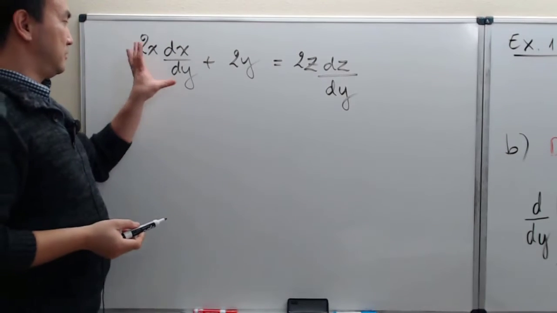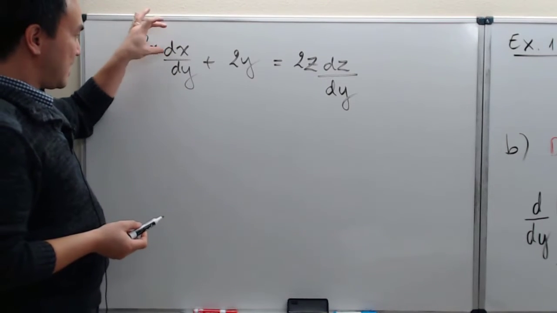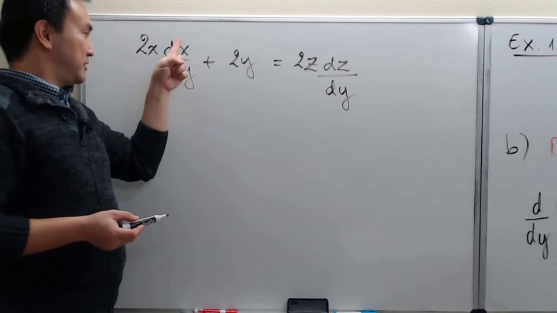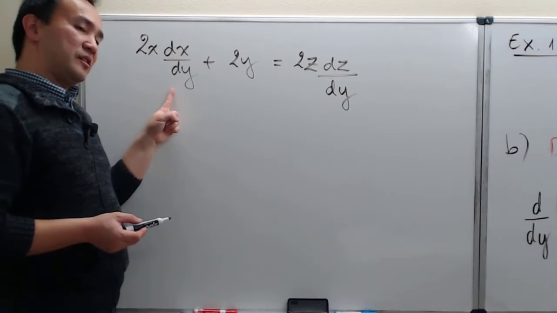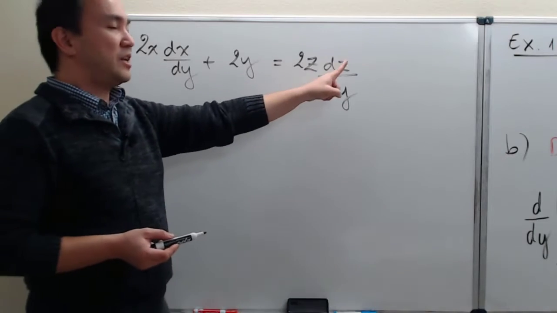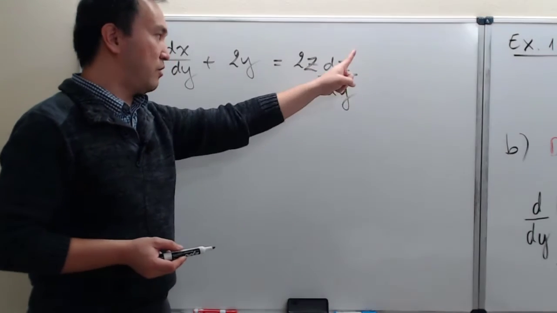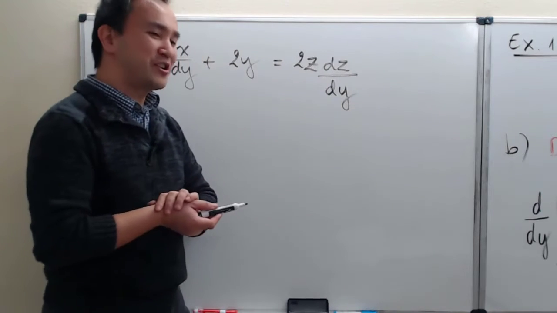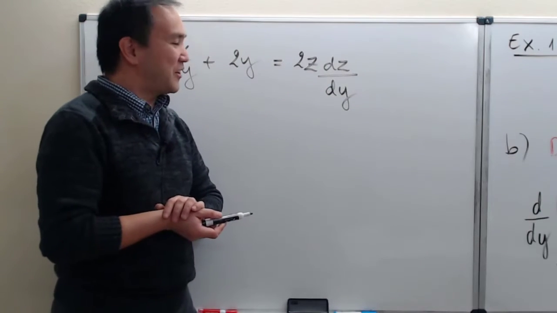But now dx dy is a derivative, a rate showing the change of x over the change in y. And dz dy is another rate showing how z changes over the change in y. I keep saying t. It's probably just a tradition of using t for the extra variable.